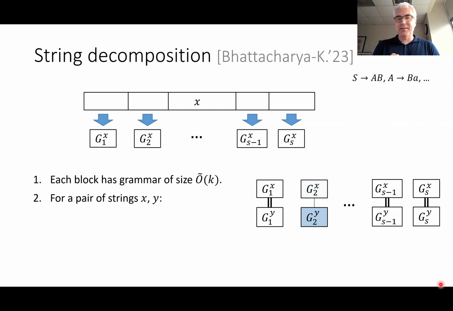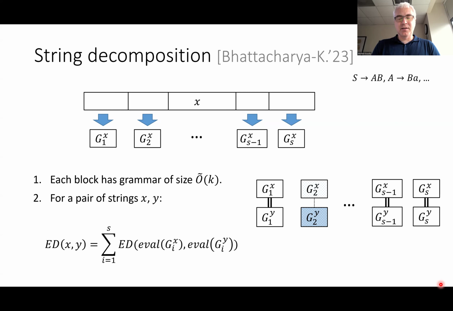What I mean is that the decomposition is going to have the same number of grammars, G1 up to GS, and moreover, all the edit operations will be contained between some pair of blocks, and the number of blocks which contain these edit operations is at most k.